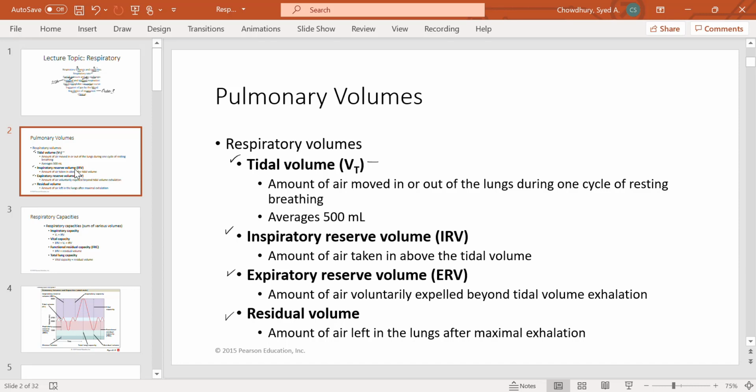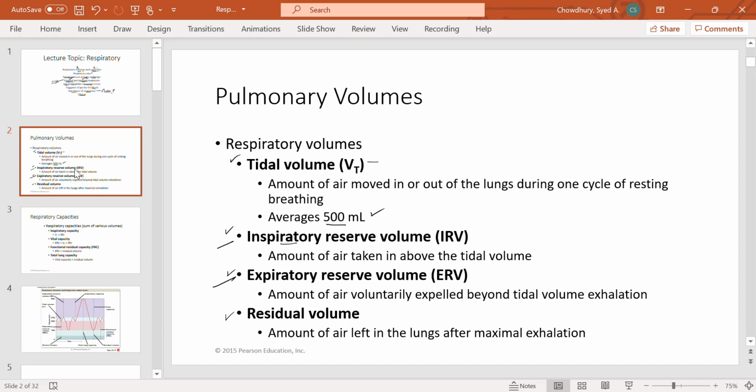So you are in resting condition, how much air you inhale or take from the outside, and how much same amount you expel, and that volume is about 500 milliliter. Okay, so we inhale 500 milliliter and also exhale 500 milliliter in normal quiet resting condition. That's the tidal volume.